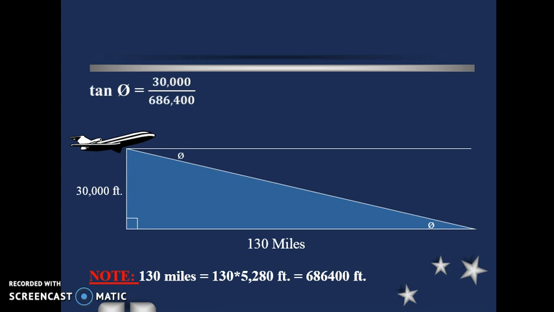In order to find the angle, we use the calculator by doing shift tangent, which is equivalent to tangent to the power minus 1 of 0.043 whatever. This is the fraction that we already got. And you're going to get 2.5 degrees approximately. That would be the angle of descent.